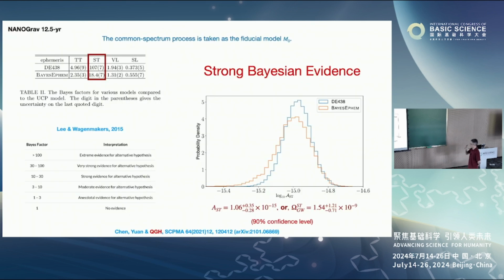So it's interesting that maybe 3 years ago, in the NANOGrav 12.5 years data, we found strong evidence for the scalar transverse modes, much stronger than for the TT modes predicted by general relativity.